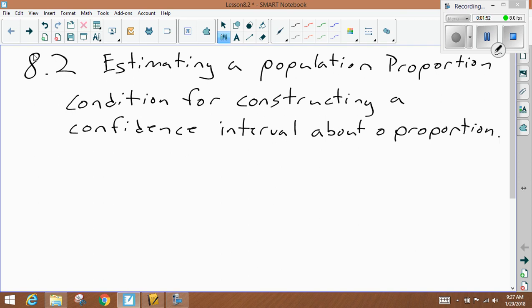If you are ever asked any question of some sort to construct a confidence interval for a proportion, and you do not check these conditions, you are wrong. So don't be wrong. Check the conditions. Right? Before you wreck those conditions. All right.